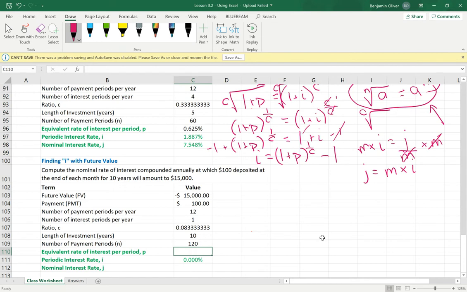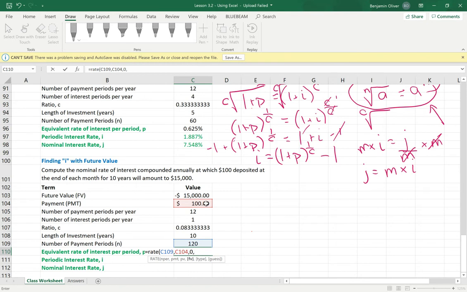So now, okay, to find your interest rate, equals rate, okay? So our number of periods is provided here, 120. Our payment, okay, $100. Our present value, we don't know, okay, so that's 0.